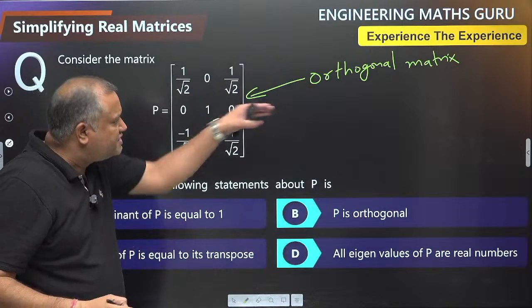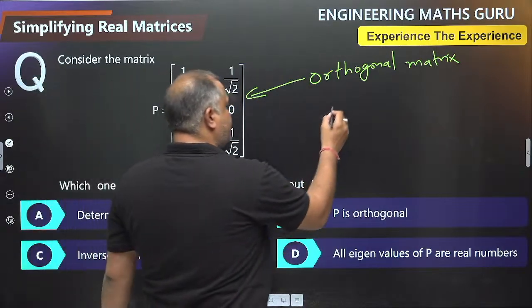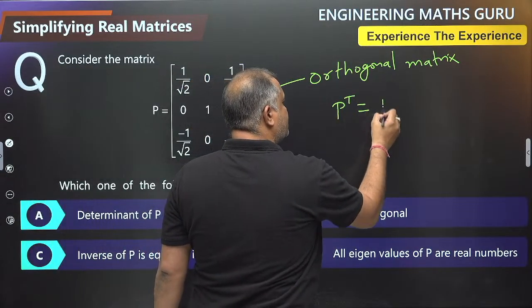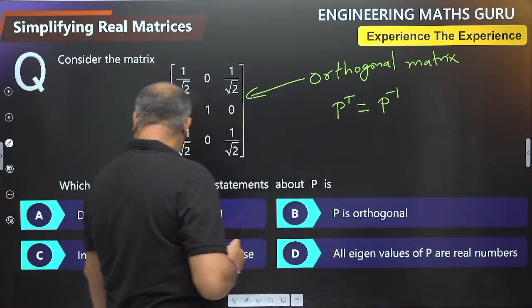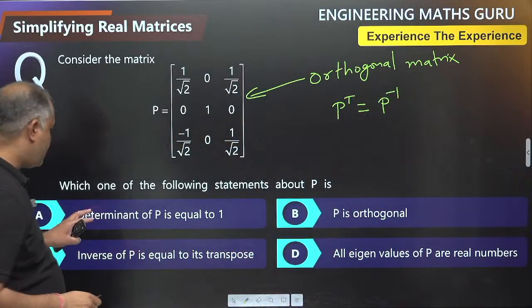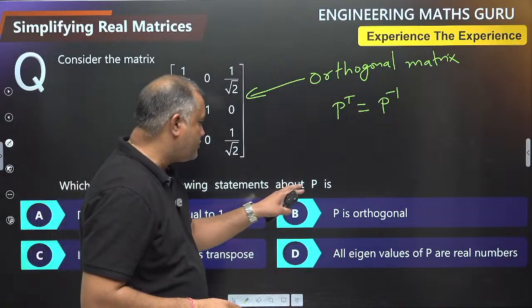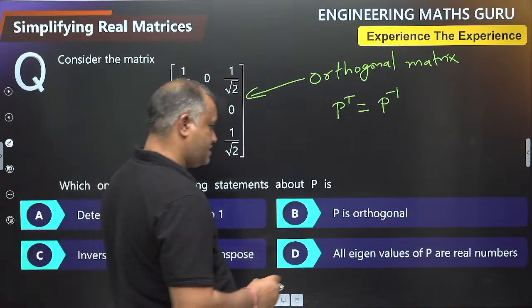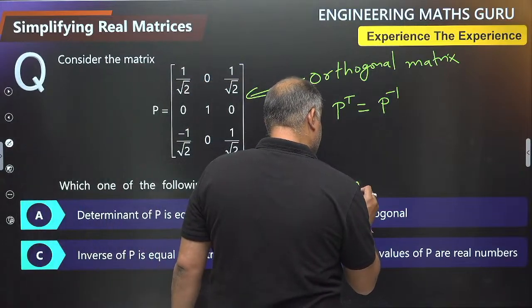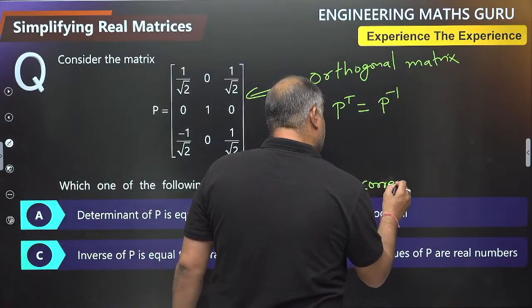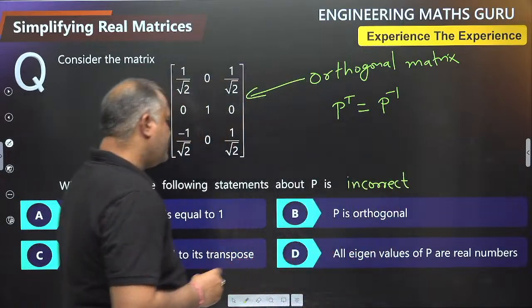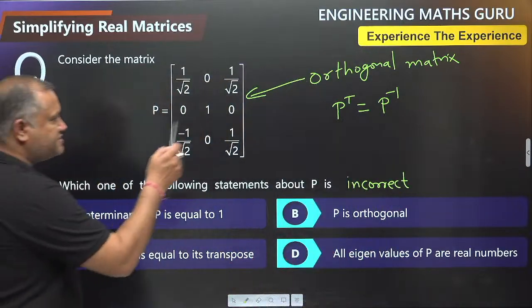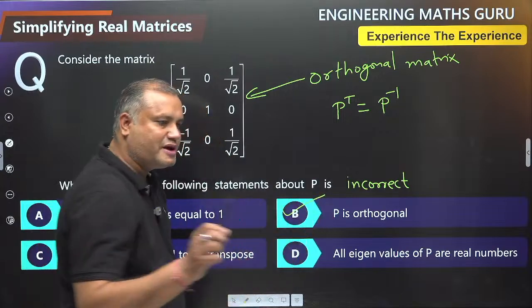If this is an orthogonal matrix, then its transpose will be equal to its inverse. Now they are asking which of the following statements about P is incorrect. I guess they are asking for incorrect, that word is missing. I am saying that this is an orthogonal matrix, I will explain also, don't worry.